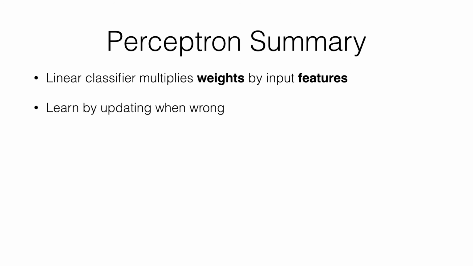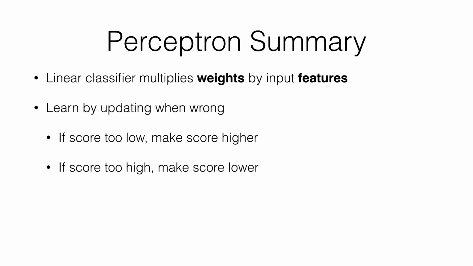So it's an online algorithm, which means we're going to get one example and one label at a time, and we're going to try out our current classifier, and if we're wrong, we're going to update. If our score is too low, then we make the score higher. If the score is too high, we make the score lower. Of course, the math is a little bit more nuanced than that, but not too much more nuanced. And this is just the right way to think about it.